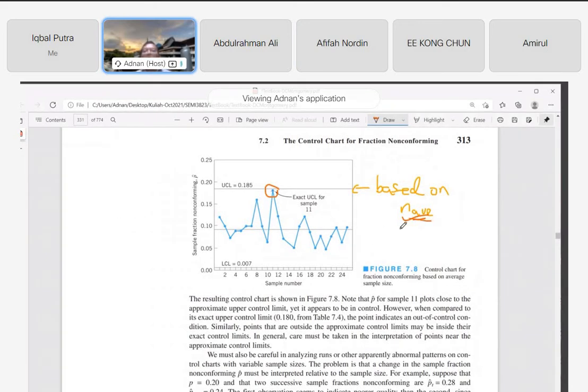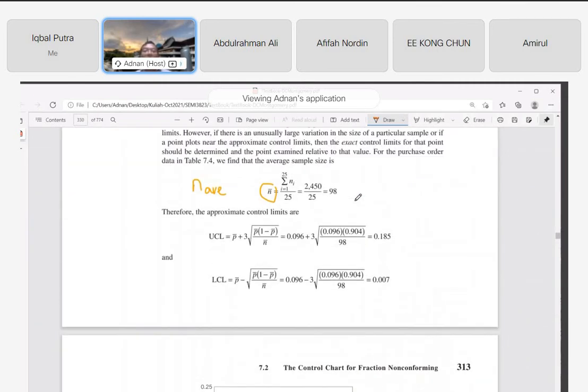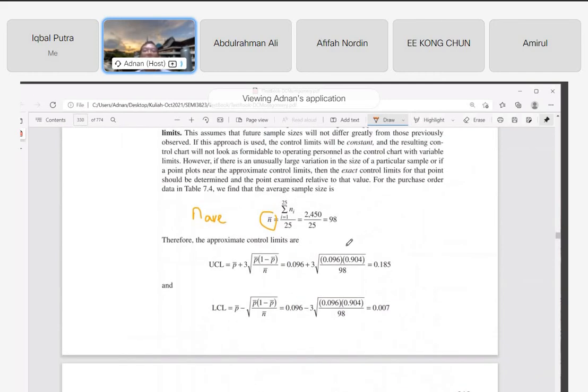N was 98. Remember, n is the number in the subgroup. We take 25, but every one of the samples has different values. So to get the n average, we use this formula.